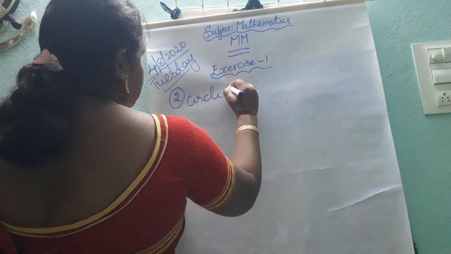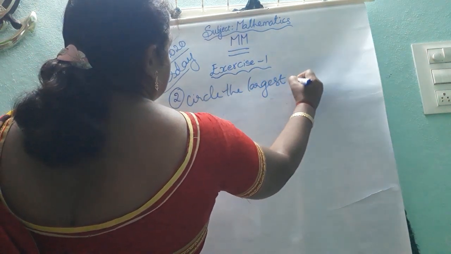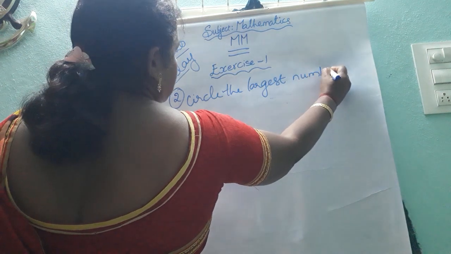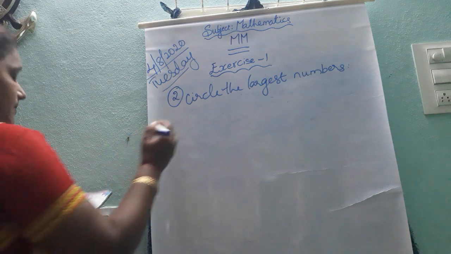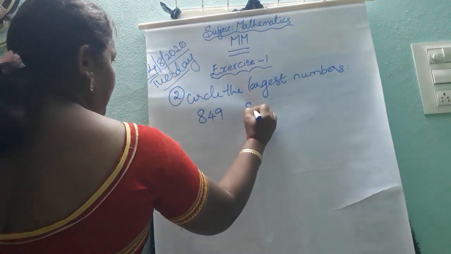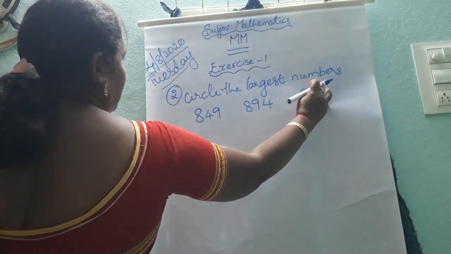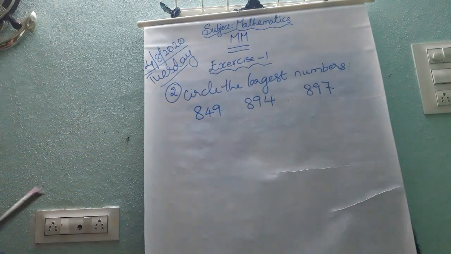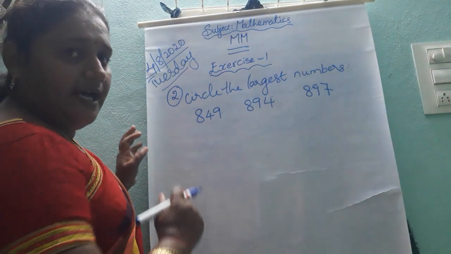Circle the largest number. They gave 3 numbers for us and they ask us to circle the largest number. What are those 3 given numbers? 849, 894, 897. Children, if you observe, all the numbers they gave start with 800s only.